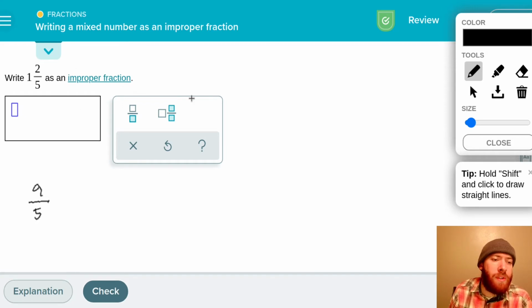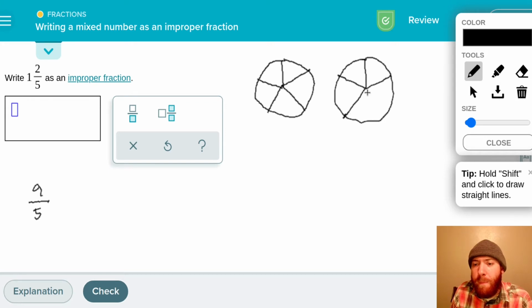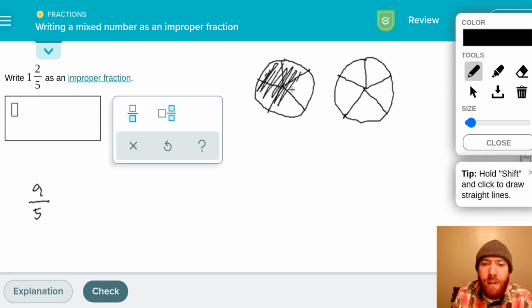To write this number as an improper fraction, 1 2/5, it might be helpful to think of this in terms of these pie charts. You might have seen something like this before. So if I make two pies, and if I divide them into fifths, like this, no, these aren't perfect, but we can pretend, then 1 would be a full filled in pie.